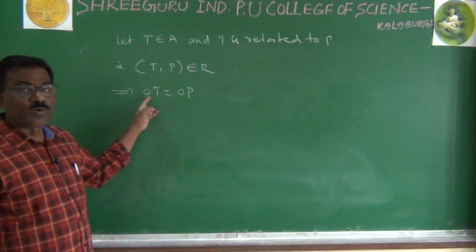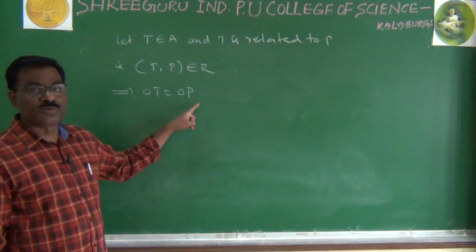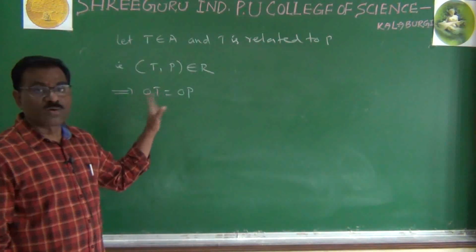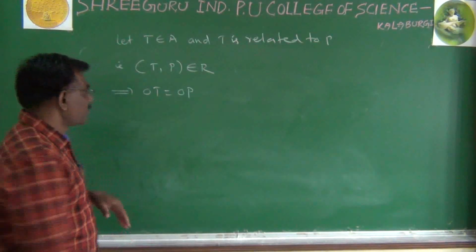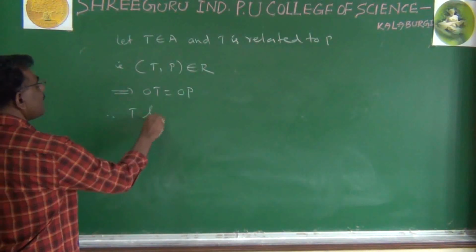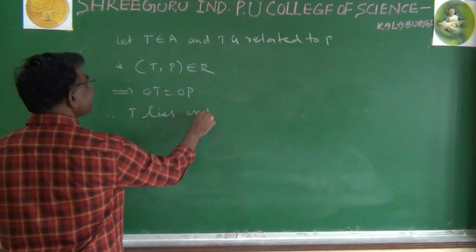The distance from the origin to the point T is equal to the distance from the origin to P. Here O is the origin. Therefore, T lies on the circle.